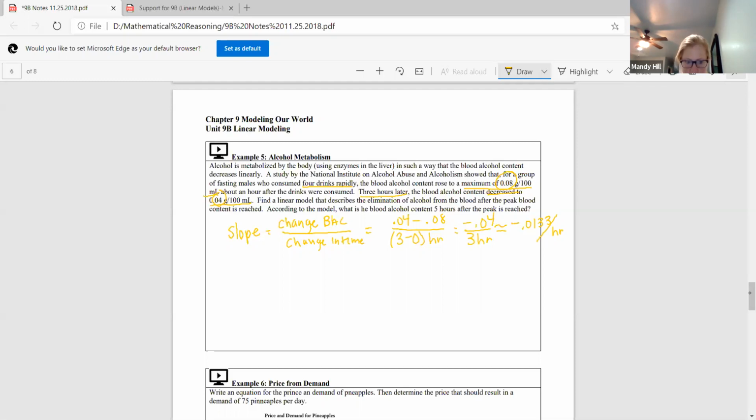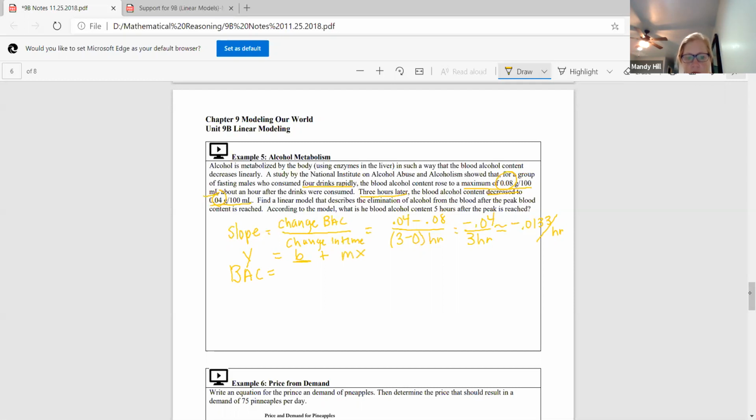Okay, so our blood alcohol level, if we want to calculate that, is going to be our initial value. This is our y equals, they're putting the B in front.